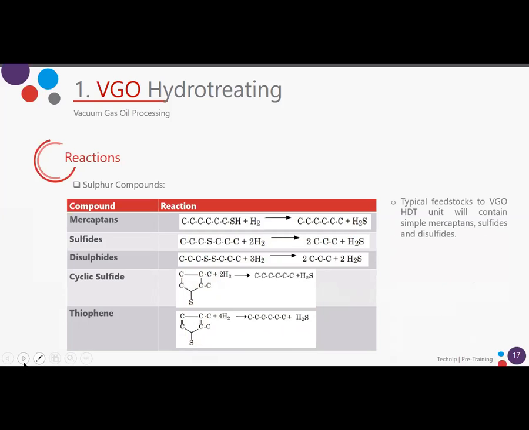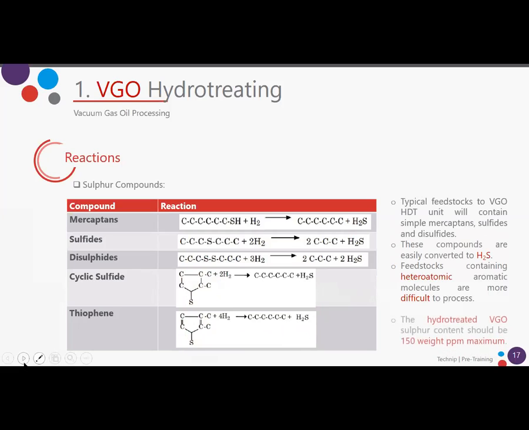So the typical feedstock to the VGO hydrotreating unit will contain mercaptan, sulfides, and disulfides. These compounds are easily converted to H2S. The feedstock containing heteroatomic aromatic molecules is more difficult to process. And the hydrotreated VGO sulfur content should be, remember, 150 weight ppm maximum.